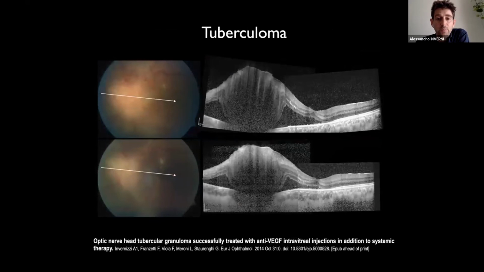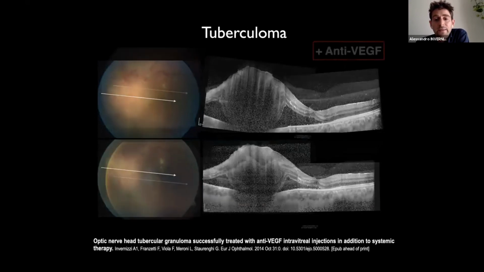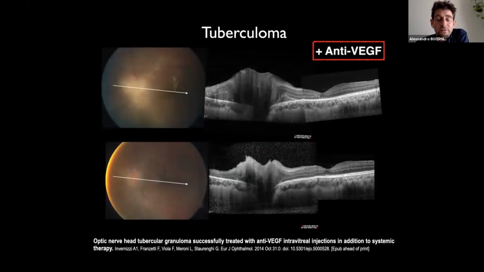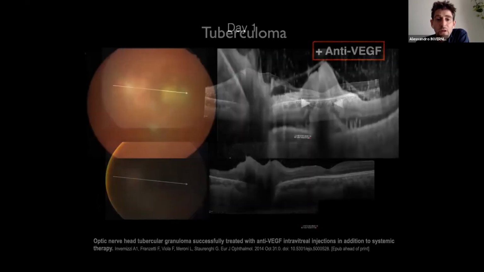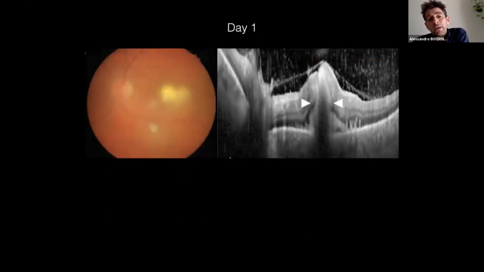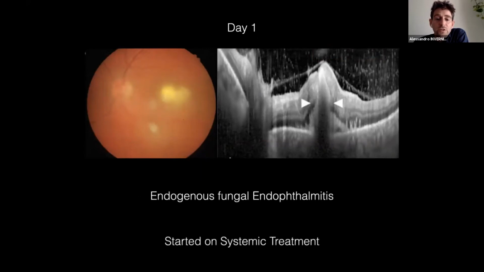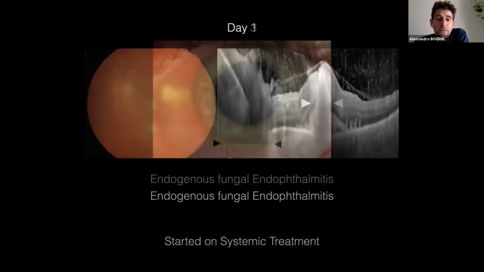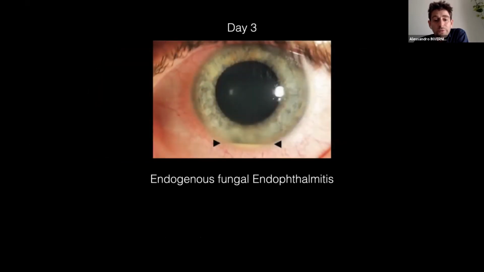This is just another example of tuberculoma followed with OCT. You see that OCT is telling us whether the fovea is attached or not, and then it's showing us the resolution of the lesion. And one last example, this is a patient with endogenous Candida endophthalmitis. We started the treatment at day 1, and 2 days later, the patient came in with a hypopyon.